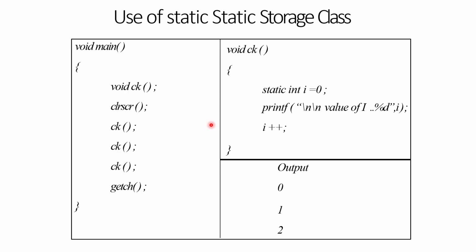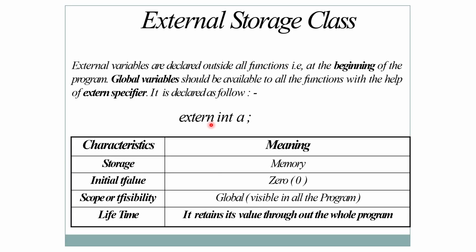Okay, so now we can further move on to the external storage class, which is also very vital for writing very complex programs. You can easily find that storage is the same as automatic or static. The initial value is also the same as static, which is 0, but its scope is different, that is, the scope is global.